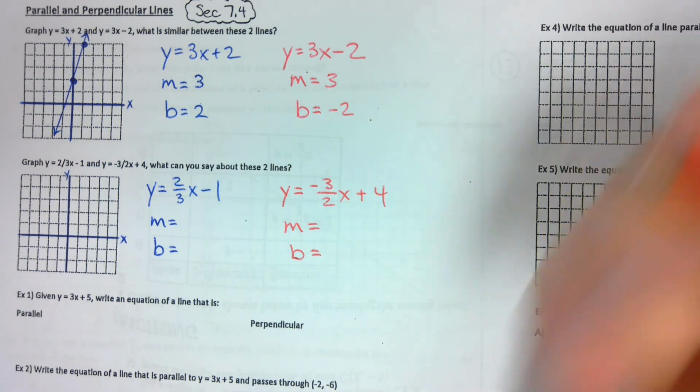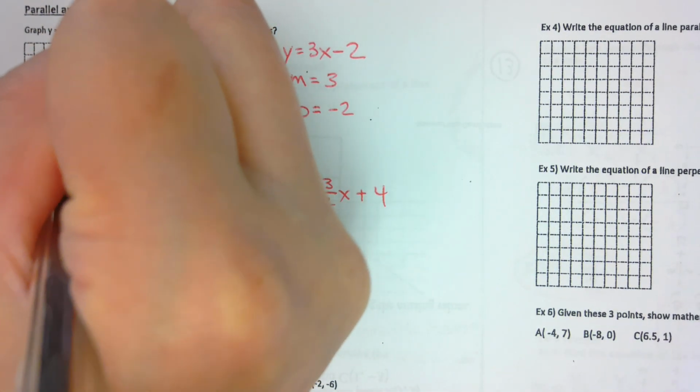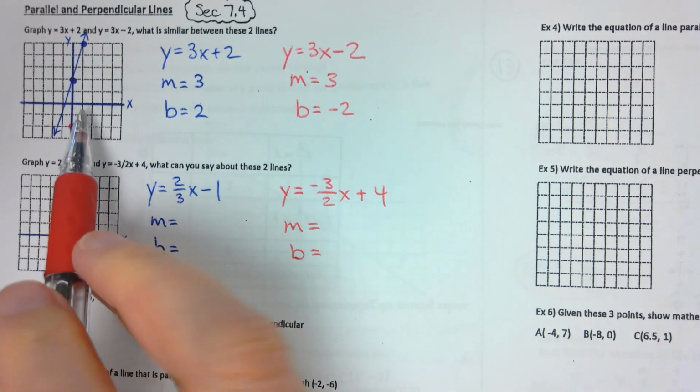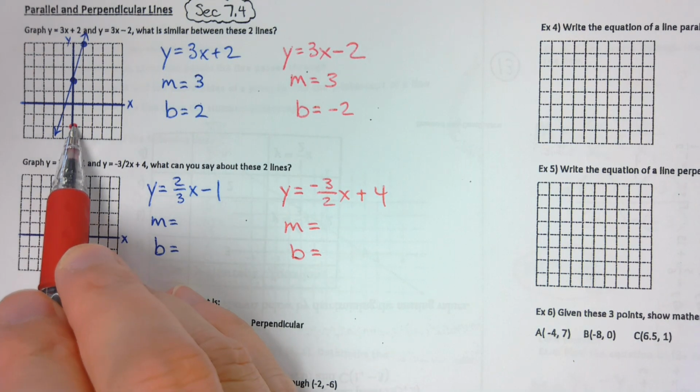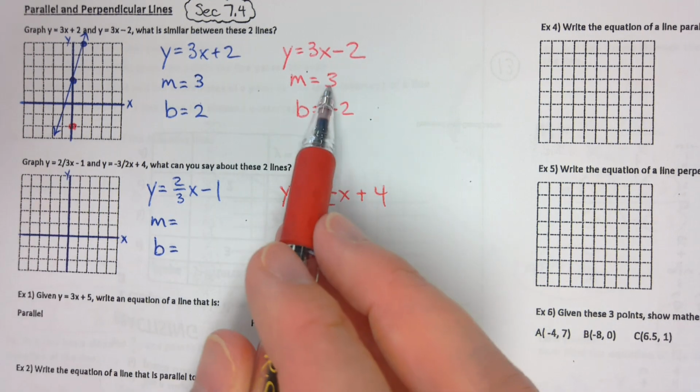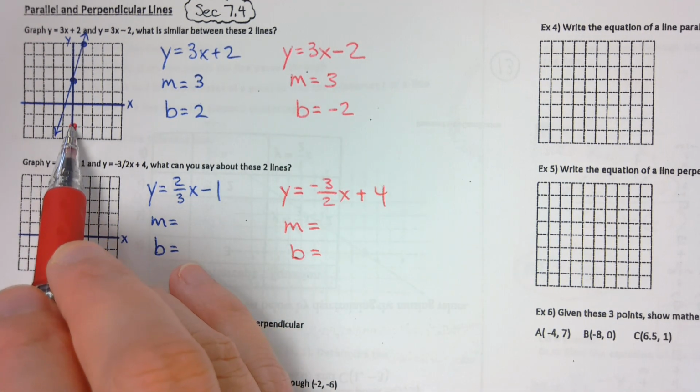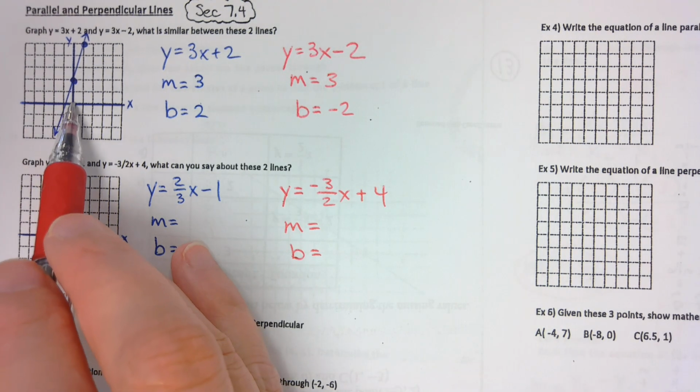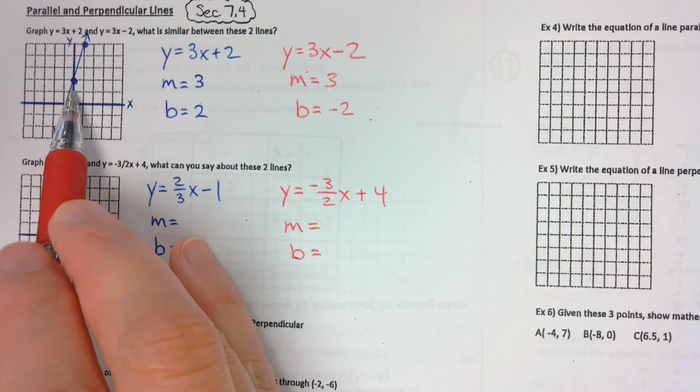Right. So plot the -2 on my y-axis. And then from here, what am I going to do? My slope is 3, so I go up 3, and then I have to get out of the elevator.